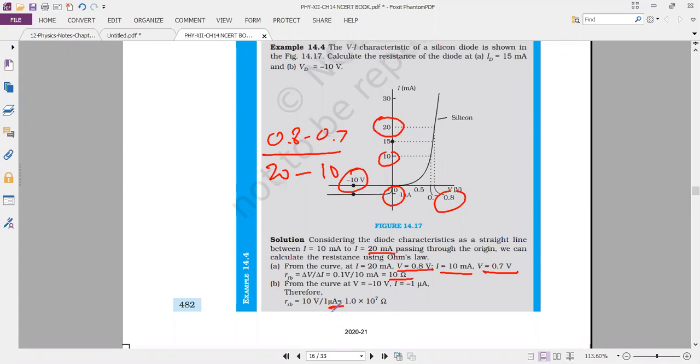Milliampere, microampere only, correct. Then you will get 1.0 into 10 power 7 ohm. In reverse bias, that is a micro. Forward bias, that is a milli. So don't confuse what is milliampere, what is microampere. Related questions they will ask.